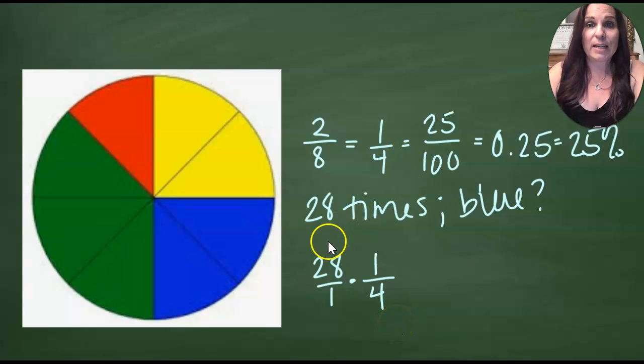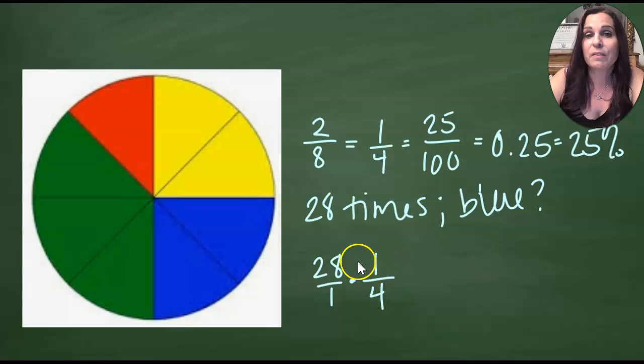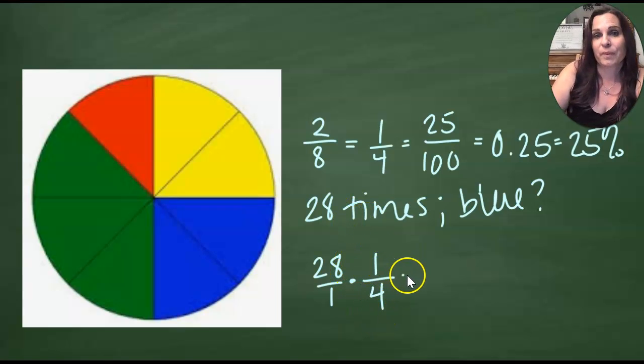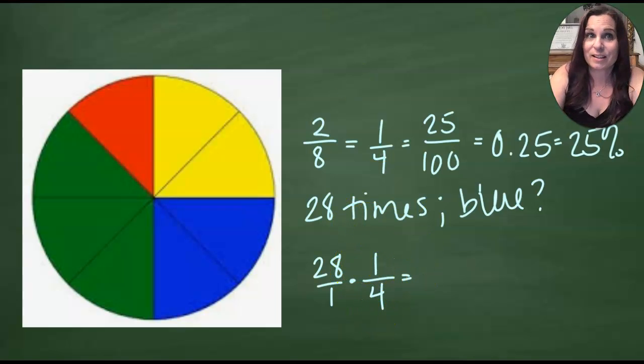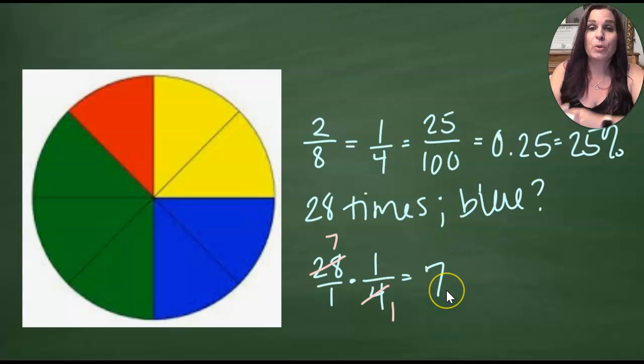So 28 times the probability of it landing on blue. I can do a little bit of cross-canceling here, right? Because 4 goes into 28. So divide by 4, divide by 4, and I get that my answer would be 7 times. So my prediction would be that if I spin this 28 times, 7 of those times it's going to land on blue. That's using theoretical probability.